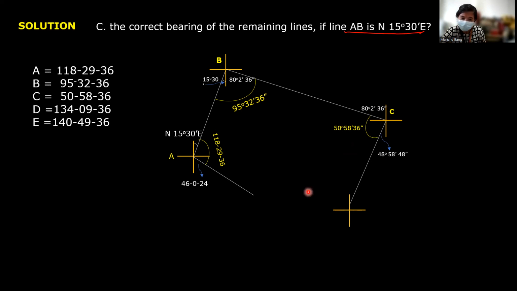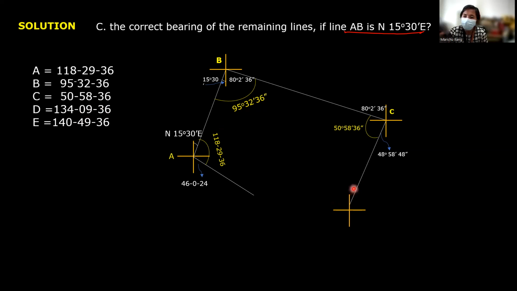So our line only goes up to here. Since we subtract from this 134, 9, 36 this angle here, because our angle of 134 starts from here, from here up to there, we are not sure whether it only goes up to this quadrant or up to the other one. So to make sure which quadrant it reaches, you just subtract this angle here from the 134.